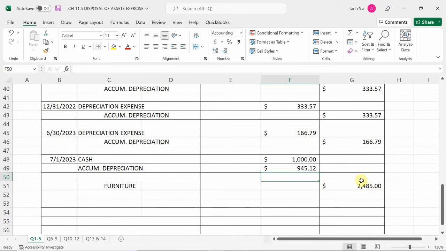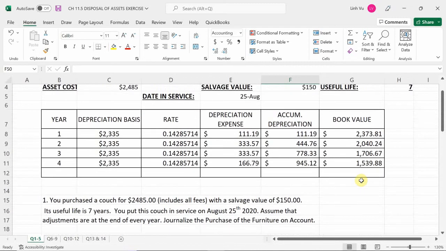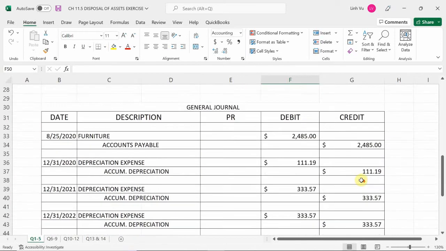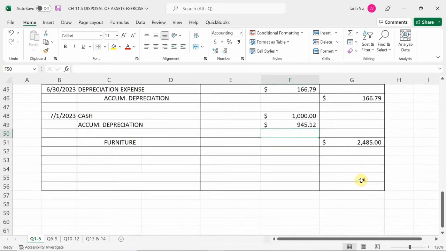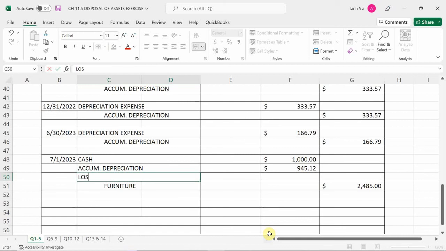So this is where you have to take a look at your book value. My book value says that my asset is worth $1,539.88, and I sold my furniture for $1,000. Did I lose money? Did I gain money? You lost money. So in this case, loss on disposal of asset.